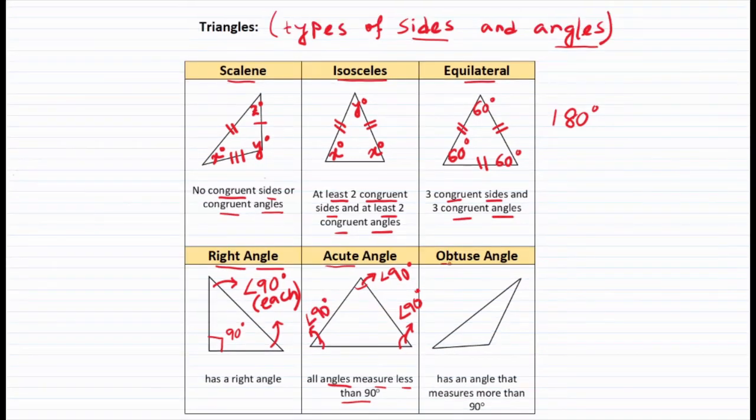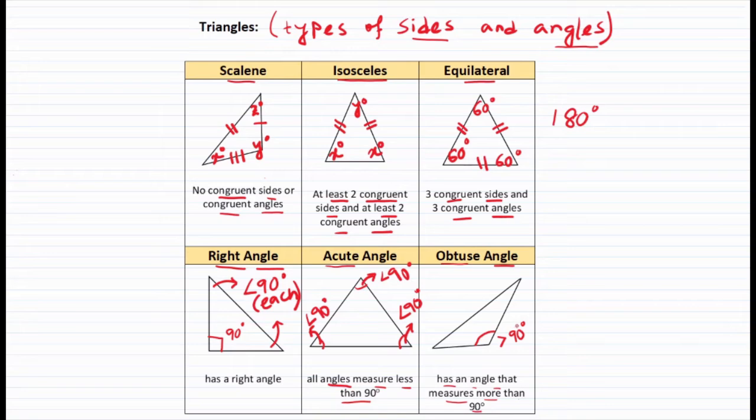Next is the obtuse angle triangle. An obtuse angle triangle has an angle that measures more than 90 degrees. So in this triangle, from the picture we can see this angle is greater than 90 degrees.